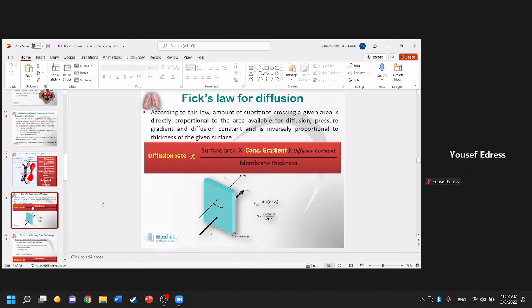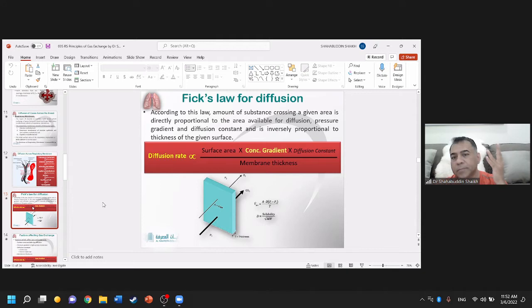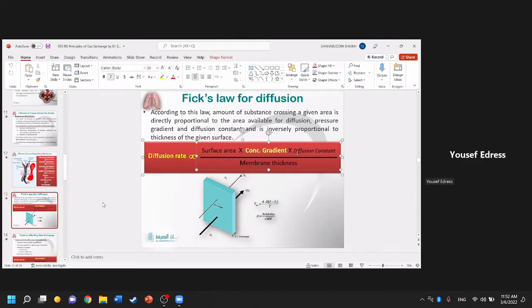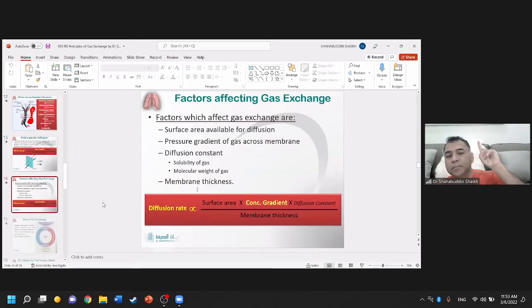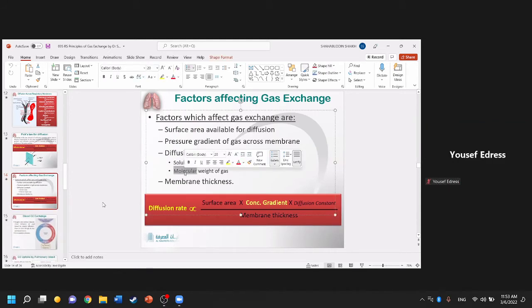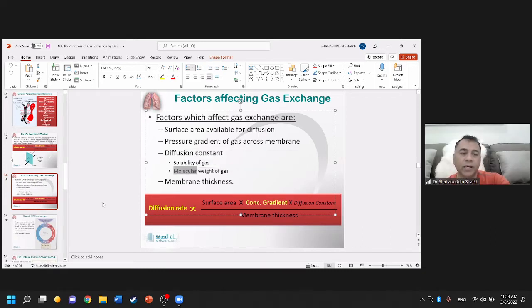What is the diffusion constant? The solubility of the gas and the molecular weight of the gas. That gas molecule has a certain molecular weight and solubility, and together they are called the diffusion constant.